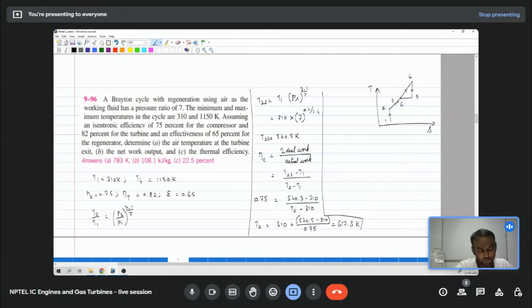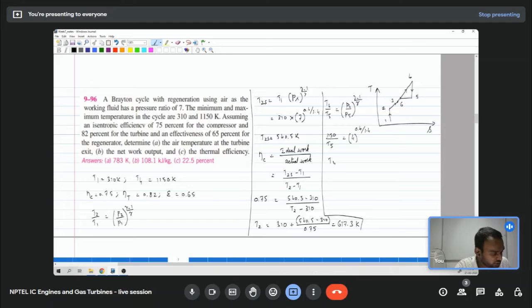And similarly, if you want to calculate the temperature at the outlet of the turbine, we have T4 by T5 equal to P4 by P5 to the power gamma minus 1 by gamma. T4 is known, which is 1150, and P4 by P5 is the pressure ratio, which is 4, to the power 0.4 by 1.4.